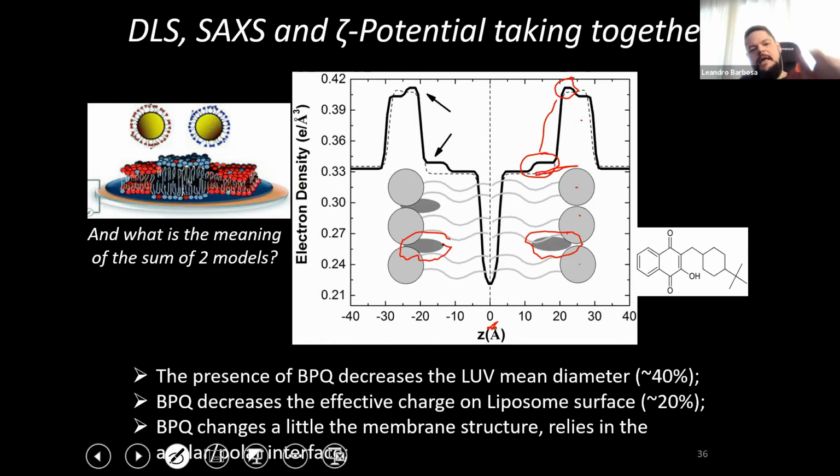It's like it's sitting on the surface, and here of course we have water, and also here we have the same thing. So using SAXS, we were able to elucidate the location of the drug, and also using both DLS and zeta potential measurements.